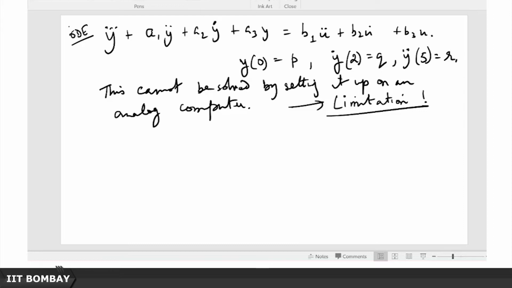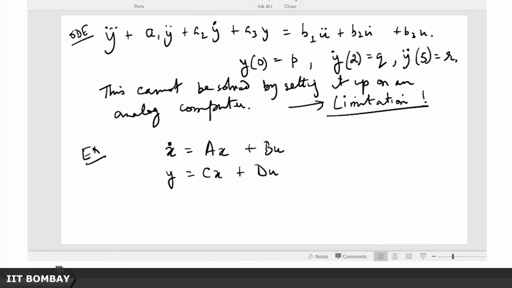I am going to take a couple of examples where I give you the state space representation, and then we are going to compute the transfer function. So this is the standard state space representation.